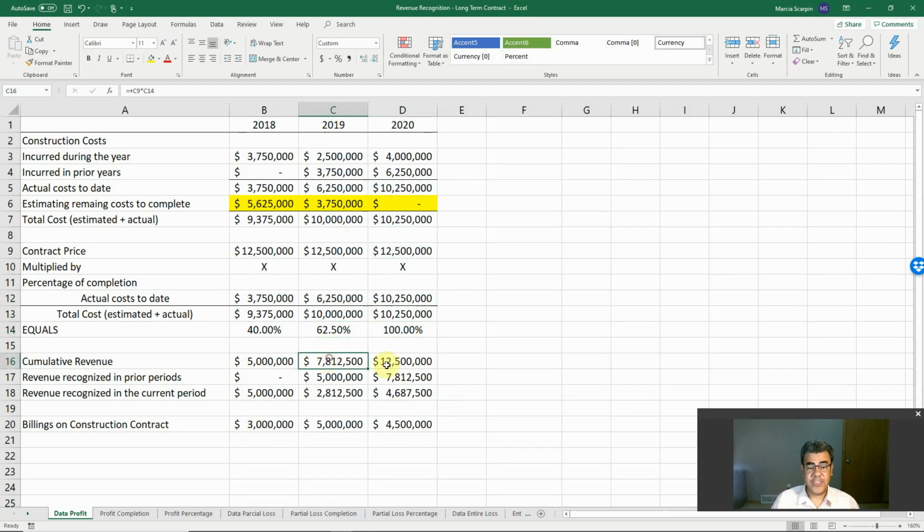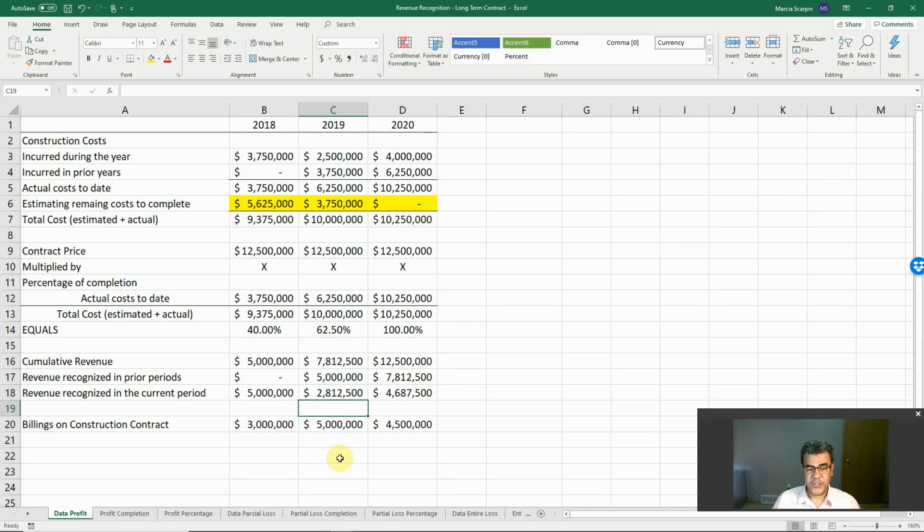So we have the cumulative revenue, 12.5 times 62%. This is my cumulative revenue, 2018 plus 2019. And we subtract the beginning balance, that is our $5 million. So the revenue in the current period is 2.8.